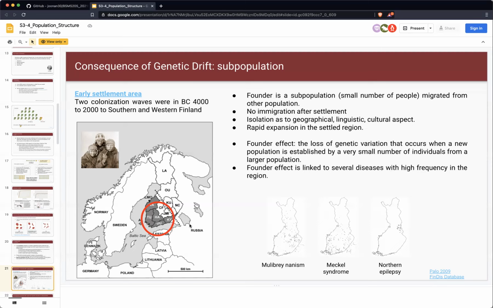Because the old people always met that situation, and also segregating in the area, and due to the rapid expansion of the population, their population size is limited, and with the small genetic background, they sat in time for a long while.